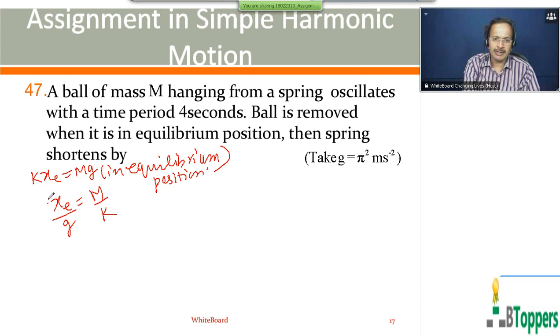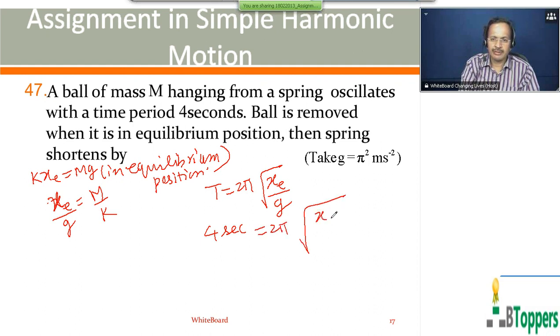That means the spring will shorten by a distance equal to xe. The time period of oscillations is given by 2 pi root of m by k, which you can write as 2 pi root of xe by g. So the time period is 4 seconds here, and g is given as pi square meter per second square. So you square both sides here.